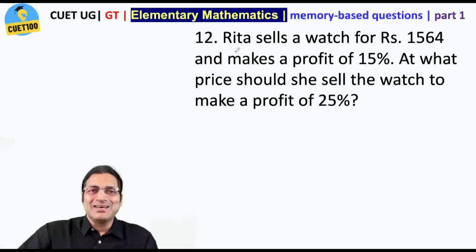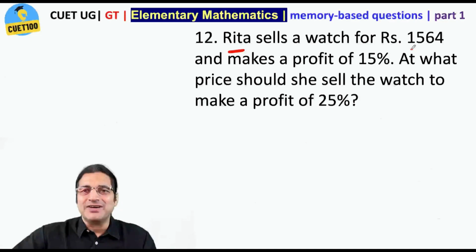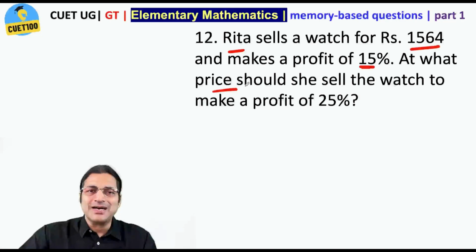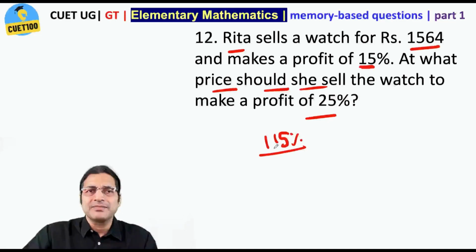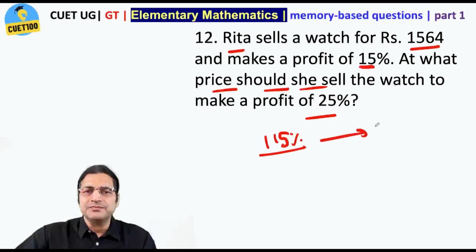Okay. Rita sells a watch for 1564 and makes a profit of 15%. At what price should she sell the watch to make a profit of 25%? Okay, 15% profit means 115% of the cost price, right? And this is equivalent to 1564.